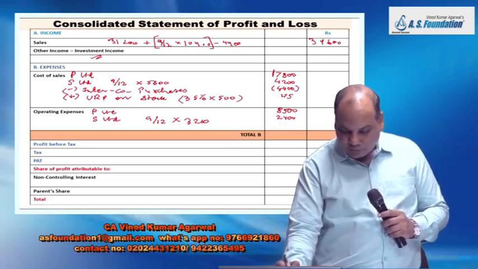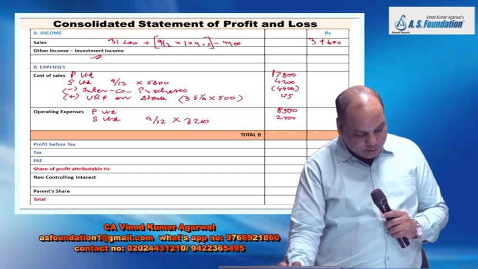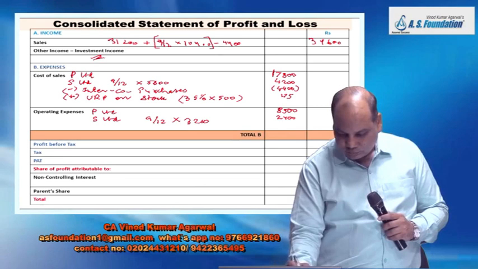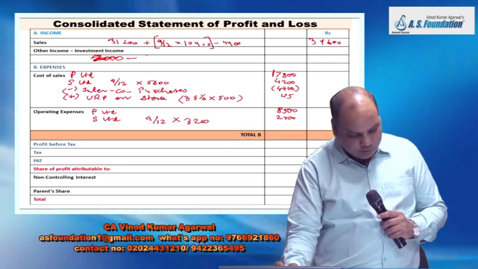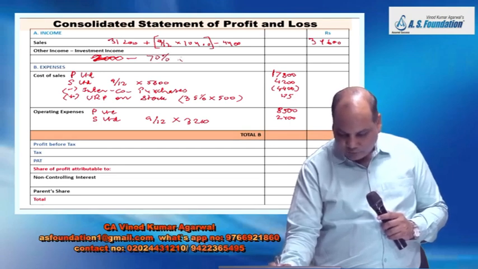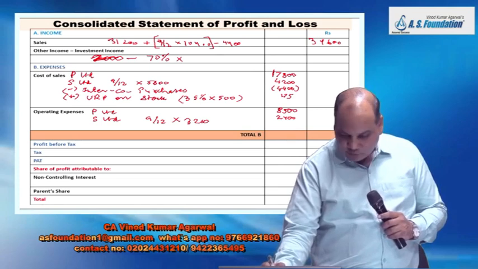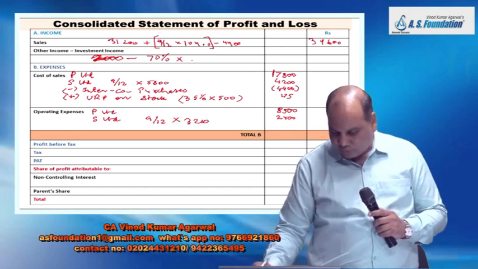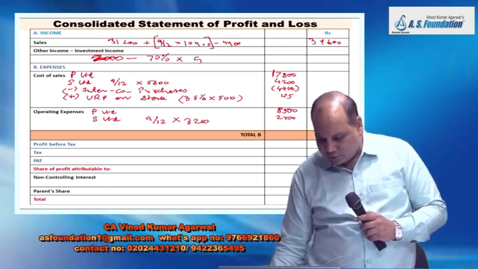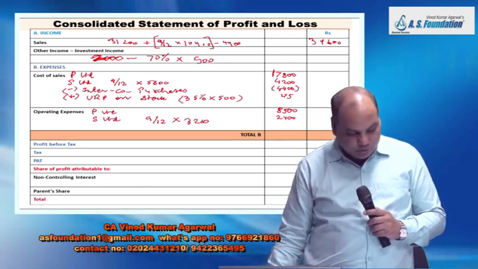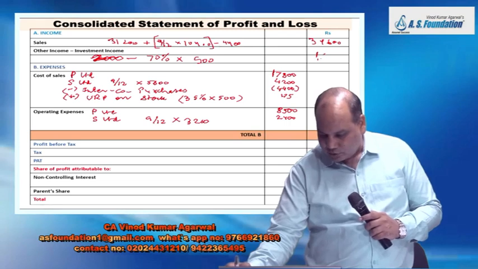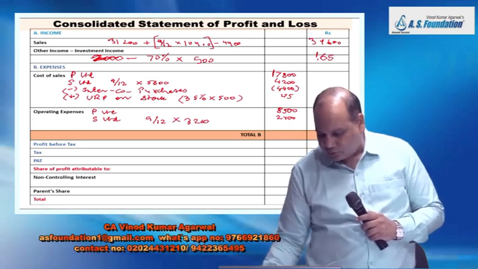Investment income, right here, investment income. Parent company is 2,000 minus 70% of dividend received from subsidiary. Subsidiary company has paid a dividend of 500 rupees in the last adjustment, so that comes to 350. 2,000 minus 350, 1650.